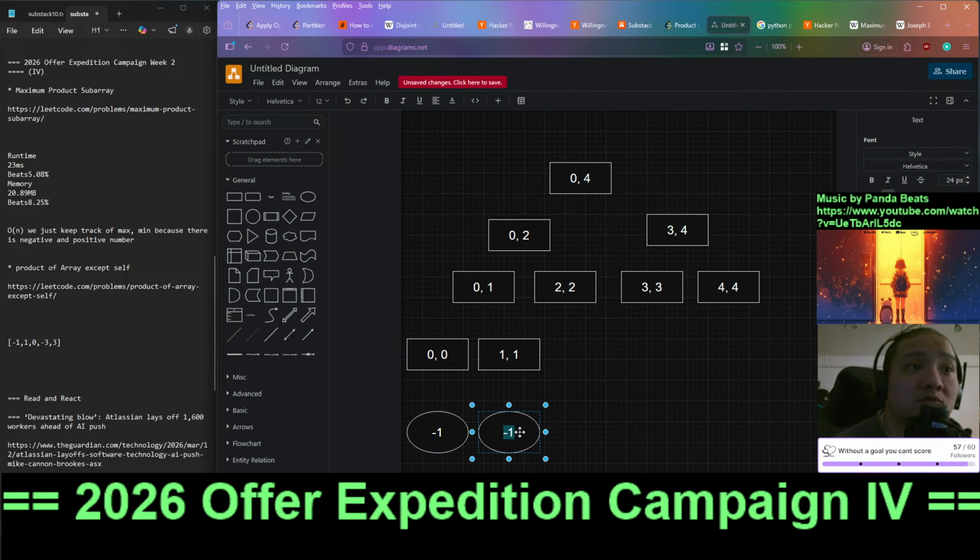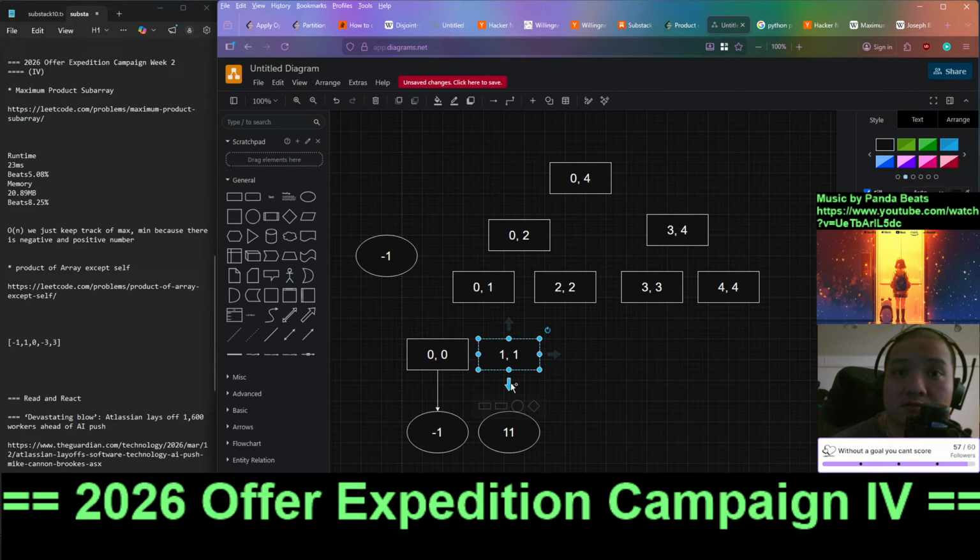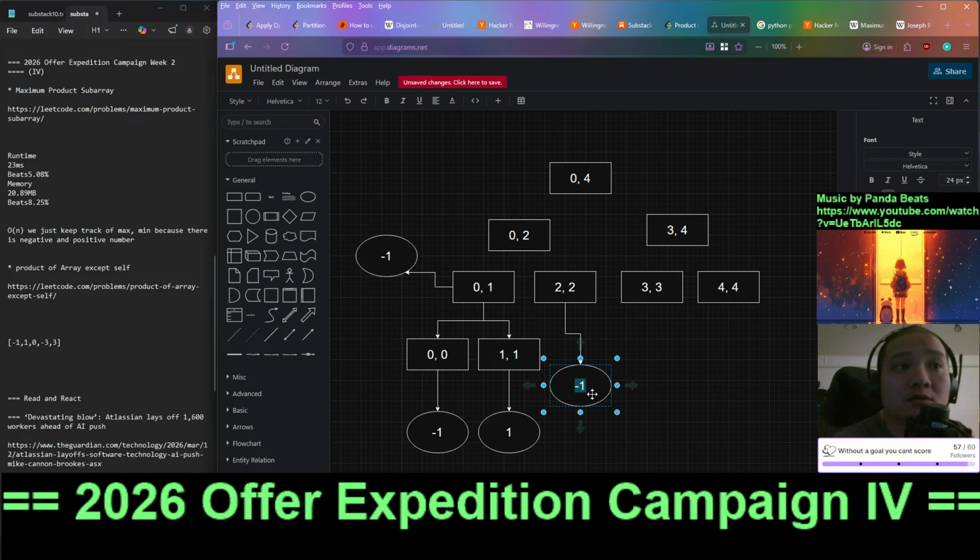So this is 1 is 1, right? And merge these together, make it so like this, right? Okay, so 1 multiplied by negative 1 is negative 1, right? So this we got 2 is 0, right?